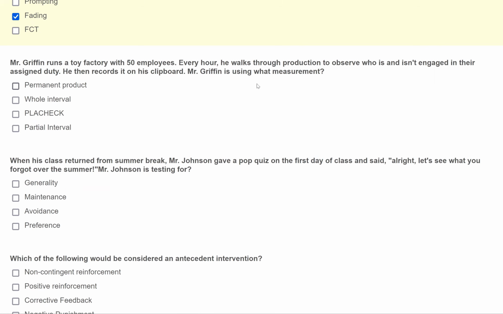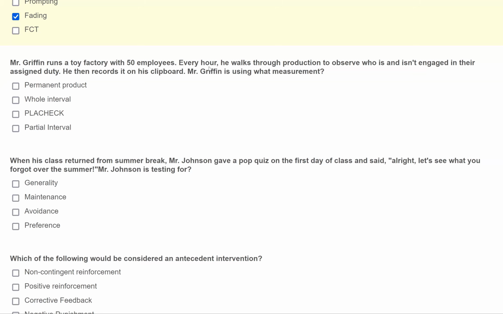However, when we are doing momentary time sampling on multiple people at once, we also call that a PLA check or a planned activity check. Who is and isn't engaged in their duty? That's what Mr. Griffin is doing. And it can't be partial interval for the same reason it can't be whole interval, because with partial interval, you need to observe the entire interval at least until they respond or engage in the behavior.